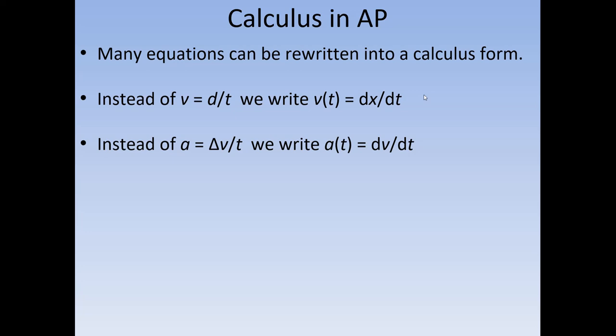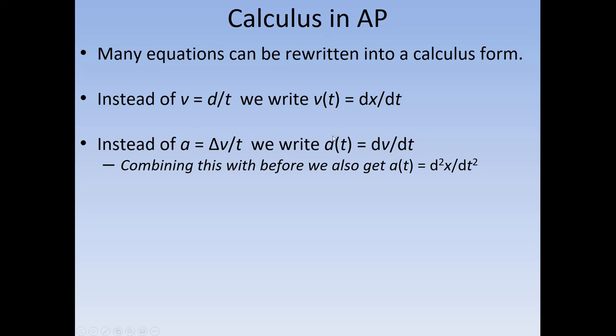Going on, another thing is, instead of the acceleration equation, we can rewrite that as dv over dt. If we combine this with what we had from before, that velocity is dx over dt, we get d²x over dt², which is basically the second derivative of x over time. Just really quickly, this is kind of an interesting thing about calculus, that this property basically compiles together.